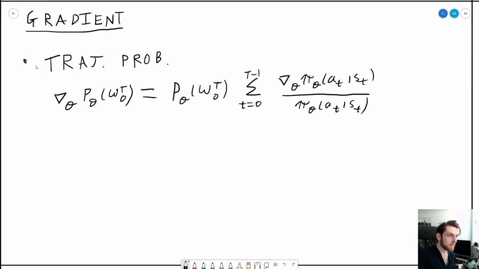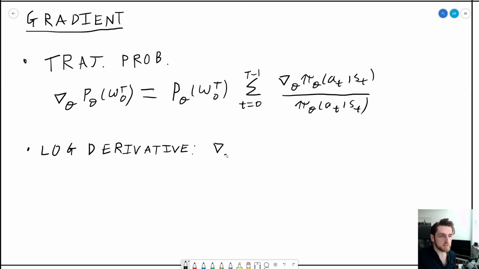Then we can rewrite this equation slightly using the fact that the derivative of a log, so for example, del x f of x equals f of x del x log f of x.